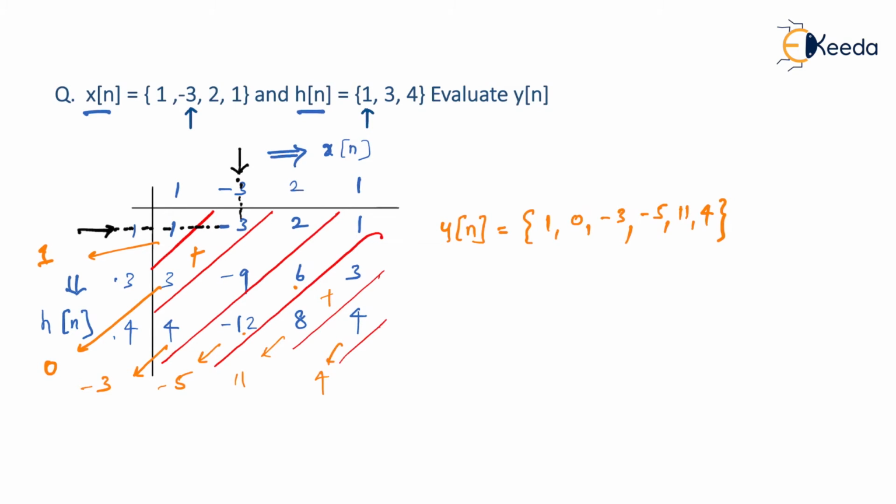So this is the common meeting point, and at the common meeting point, it goes to the second diagonal element, and from the second diagonal, what we got as the element is 0. So this becomes n equal to 0 position. So simple. As soon as you look at the n equal to 0 positions of x of n and h of n, extend them and see the common diagonal, and whatever element you get from that common diagonal, that is the n equal to 0 position.